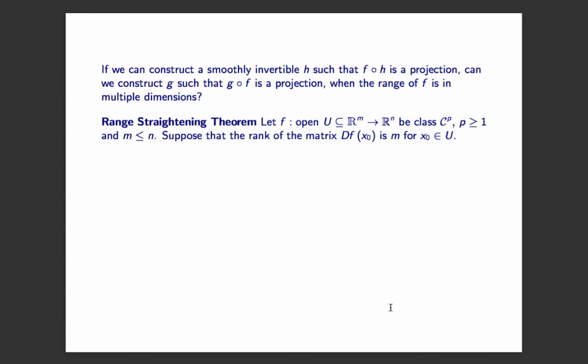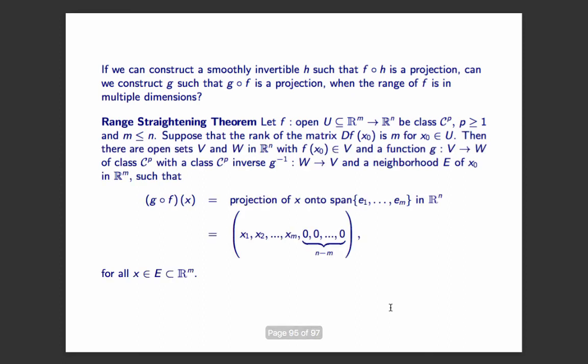Yes, it's known as the range straightening theorem. If f maps an open subset of Rm to Rn, is class Cp, and the rank of the derivative at x naught is m, the dimension of the range, for some x naught in the domain, then there's an open set V and W which again is going to map the output of f of x naught to w.